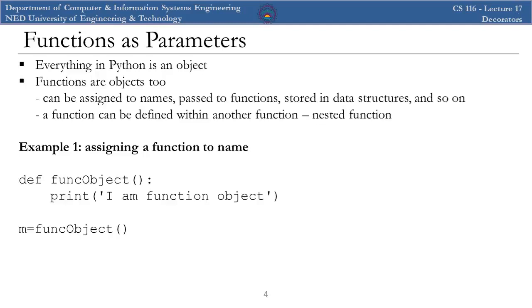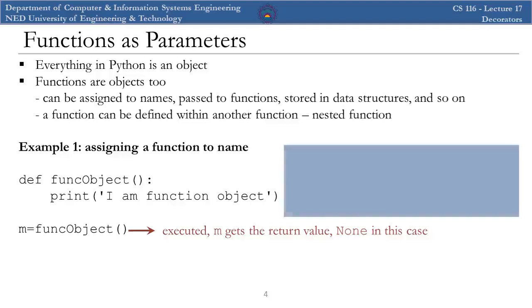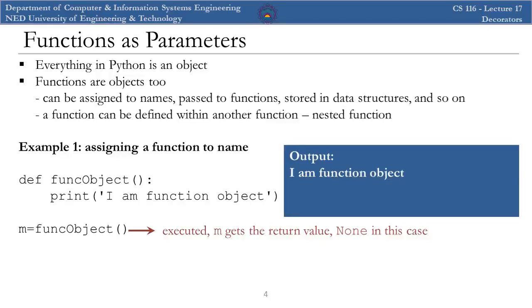Since this function is not returning any value explicitly, it will return a None value. I hope you remember that whenever you do not explicitly return anything from a function, it returns None by default. So the function will be executed by this statement, and the return value, which is None in this case, will be assigned to m. The line I am a function object is printed because that line was inside the function, so when the function is executed, it simply prints this on the output.